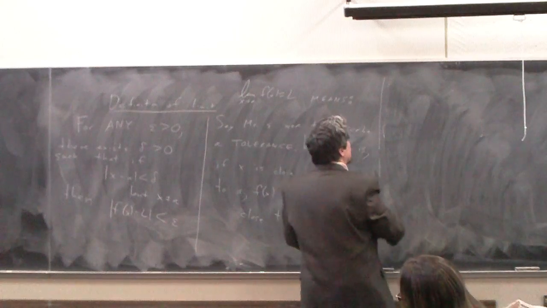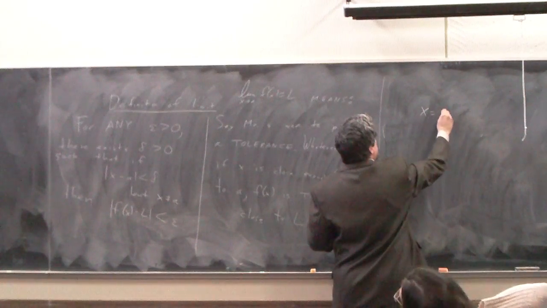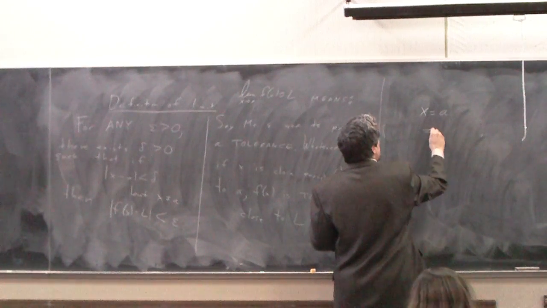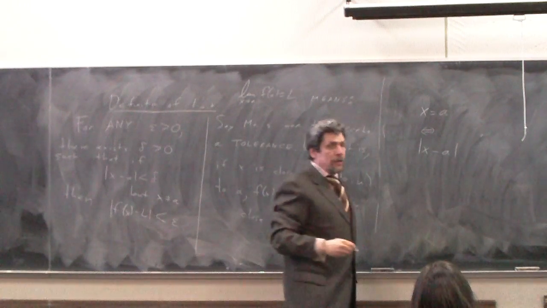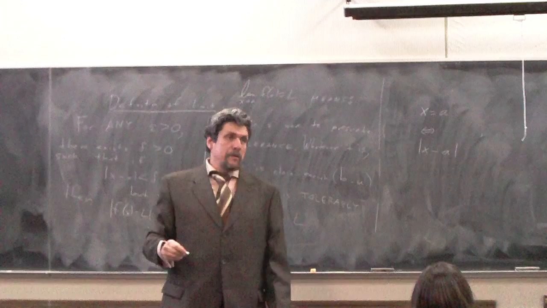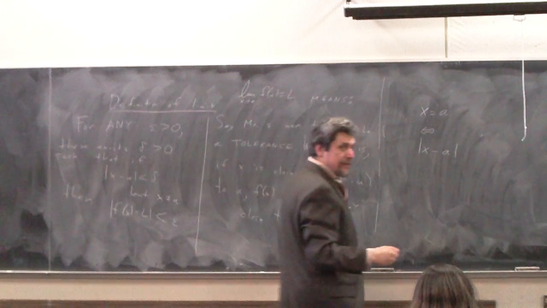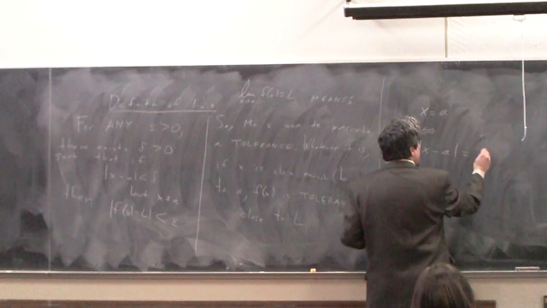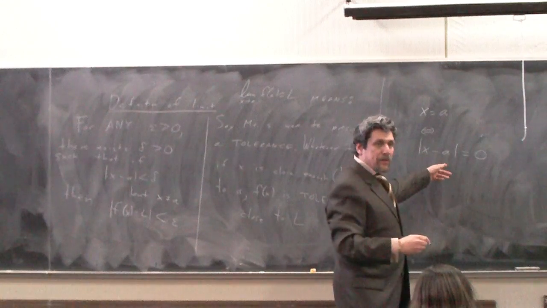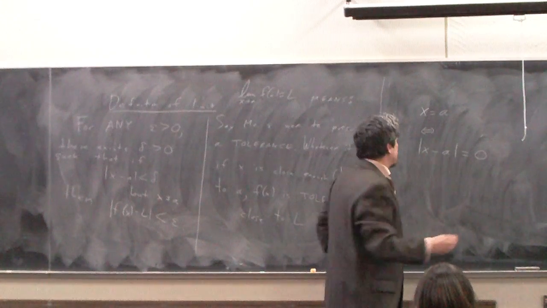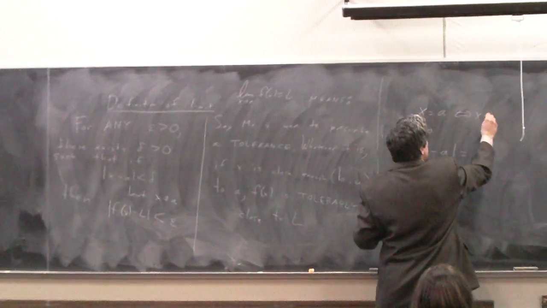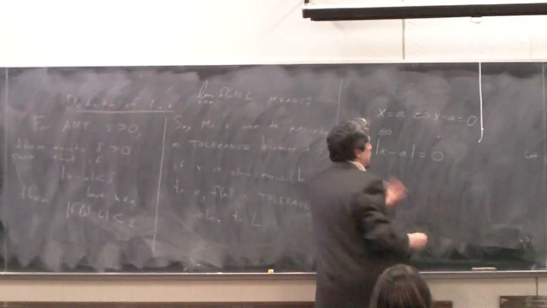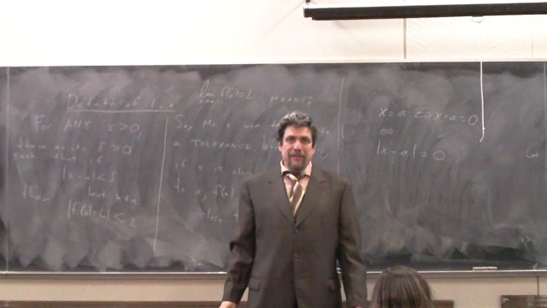So what we can do is, to say x equals a is the same thing as saying that the absolute value of x minus a equals 0, right? In other words, the distance from x to a is 0. That's the same thing as saying x minus a equals 0.